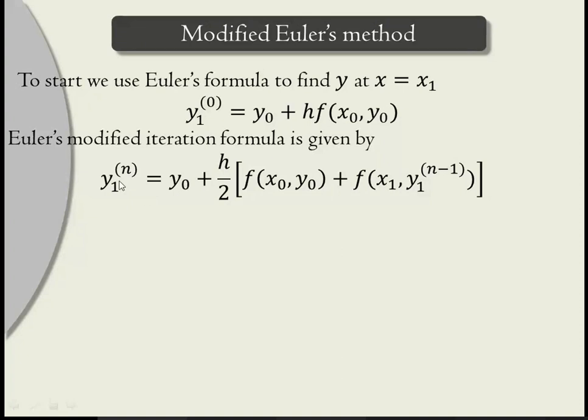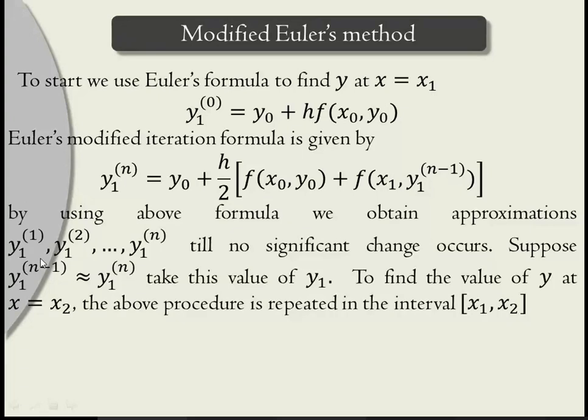That gives us the next iteration, and continue like this until two successive values of y1 are approximately equal. Whichever values are equal, we take that as y1.